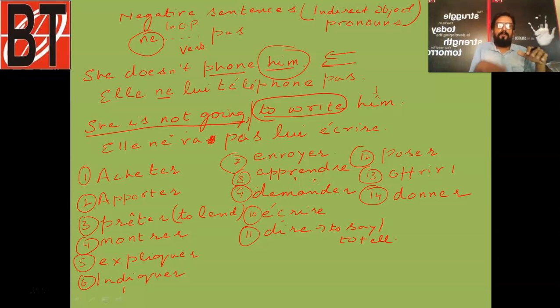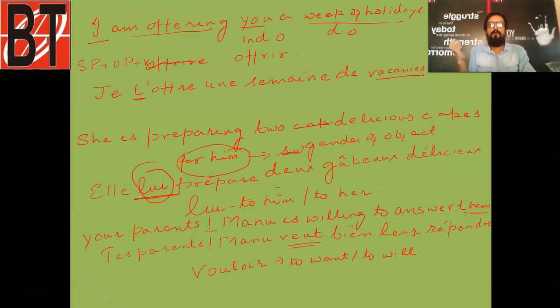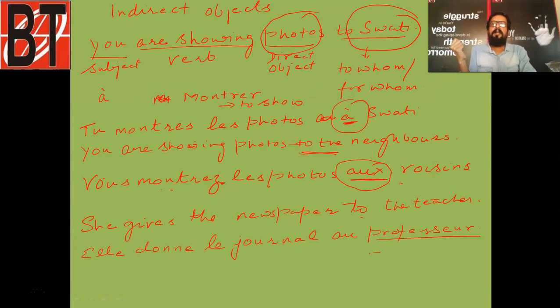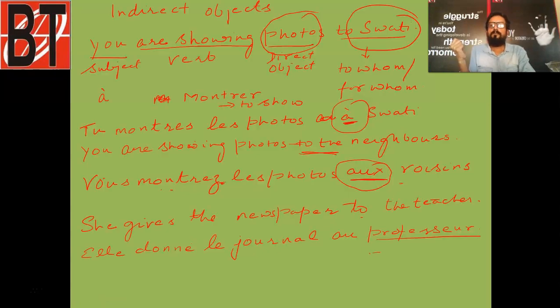So let us once again revise whatever we learned in indirect object pronoun. The first thing to understand in indirect object pronoun is that indirect object pronoun will always answer to whom and for whom.